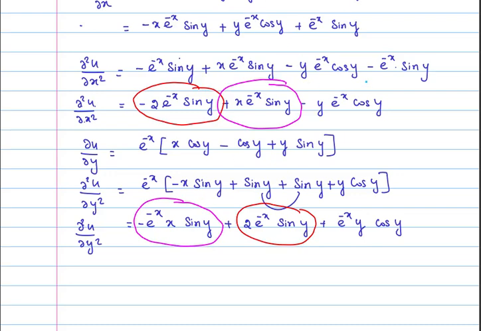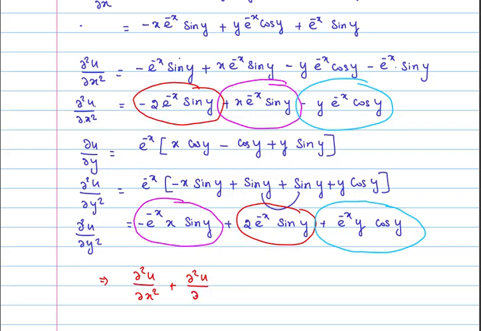Then this one is minus y times exponential of minus x cos y, and here plus exponential of minus x y times cos y. If you add together, you get 0. So the equation satisfies d square u by dx square plus d square u by dy square equal to 0. This implies u of x comma y, our given function, is harmonic.